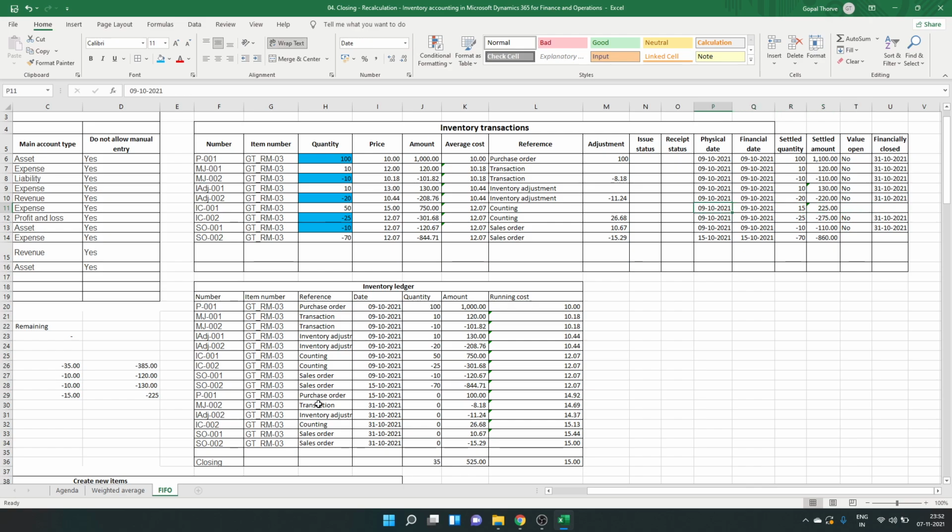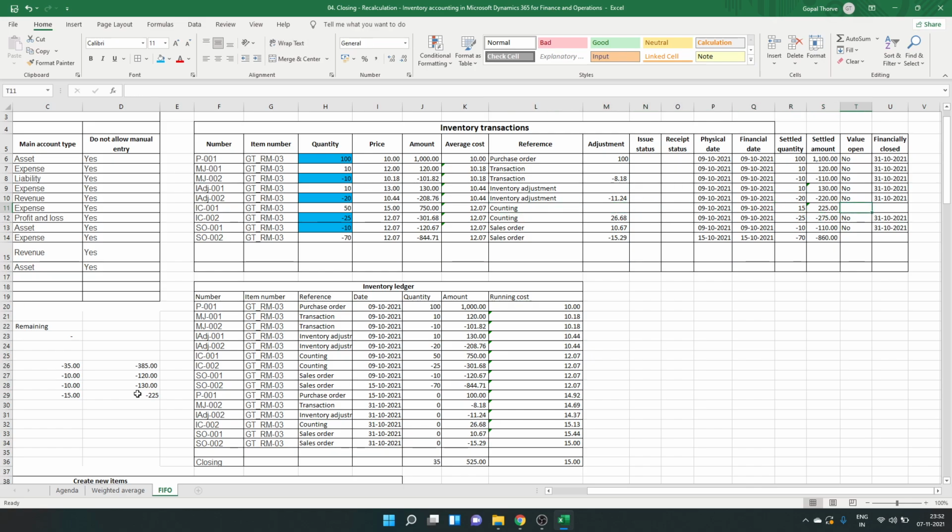Out of this 50 quantity, only 15 quantity is settled, and 225 of amount is settled. So this I can say is minus this, because this is not fully settled right now.